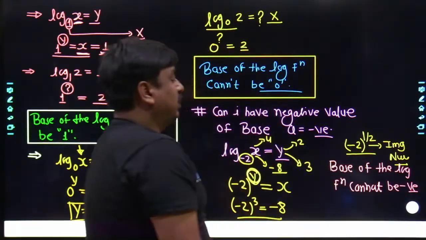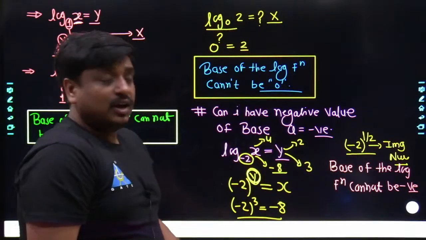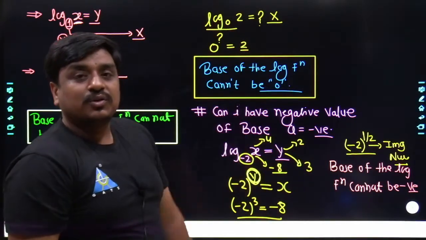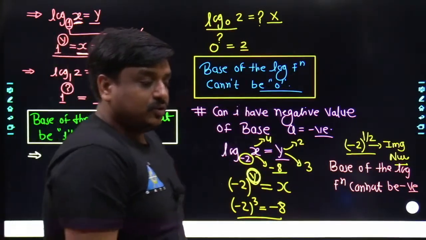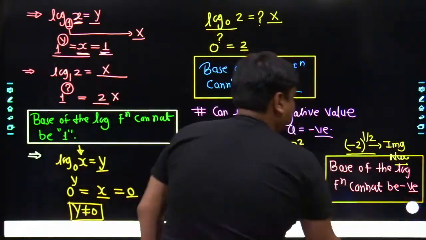Why? Because for all natural numbers of y, definitely it is going to satisfy the exponent, but for all non-natural numbers of y, it is not going to satisfy. So till this point, everything must be clear to all of us.